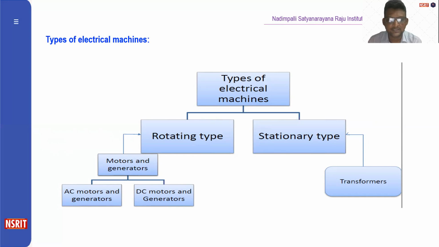They are divided based on the supply. And coming to the stationary type, transformers are the stationary type electrical machines, because in rotating type we have rotating parts. In transformer there is no rotating part.